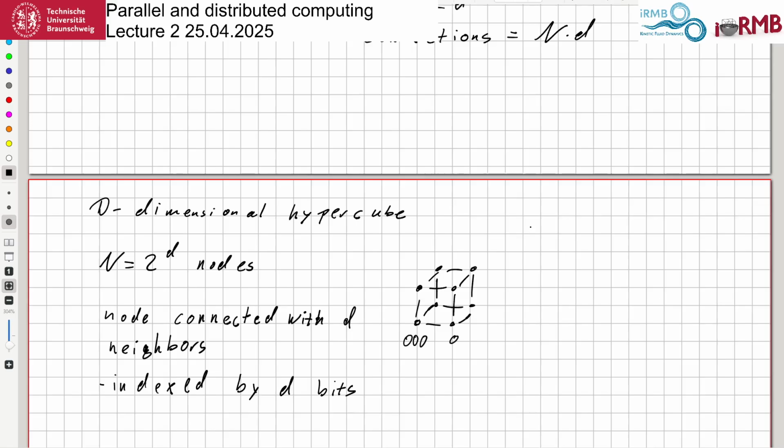Then this would have 0, 0, 1. This here would have 0, 1, 0. And the one in the back would have 1, 0, 0. Then this here would have 1, 0, 1. This here would have 1, 1, 0. And this one here would have 1, 1, 1.